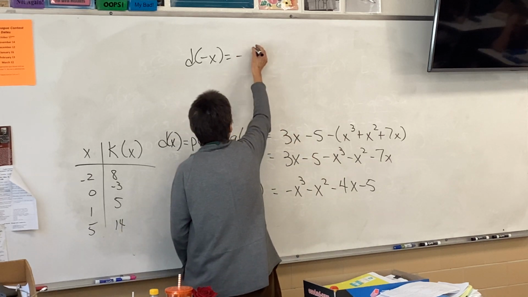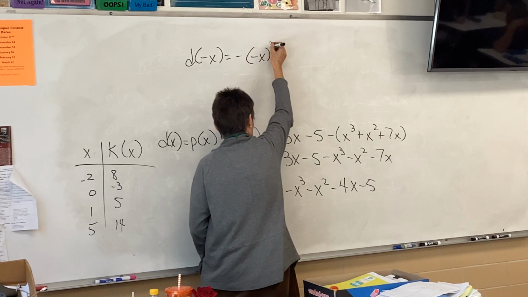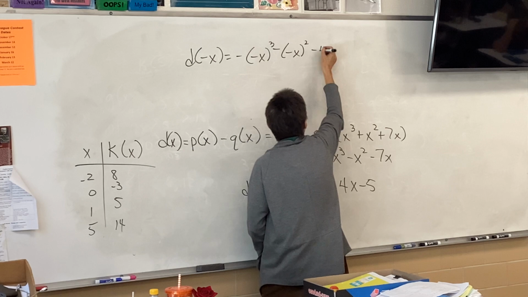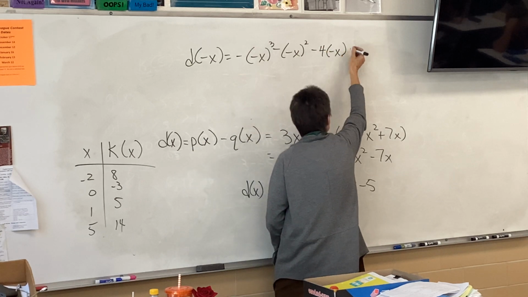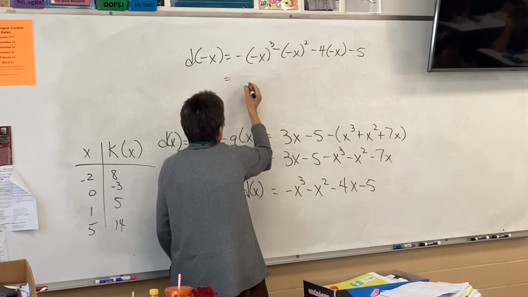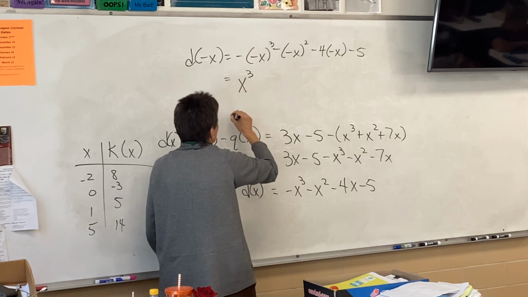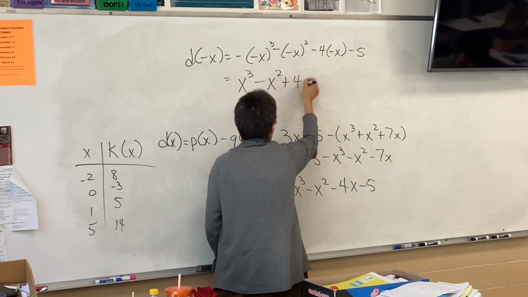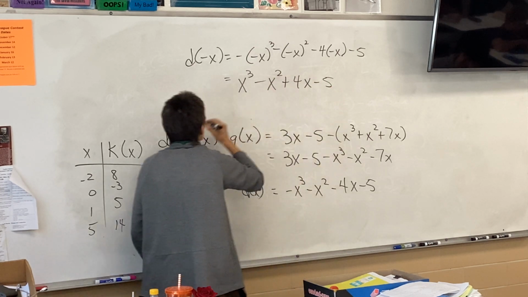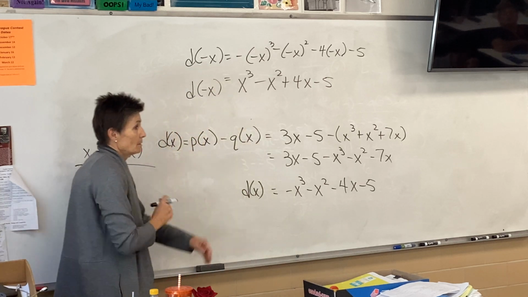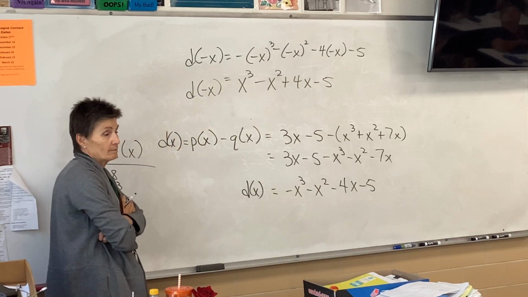All right, so -x cubed minus -x squared minus 4 times -x minus 5. So that's going to be positive x cubed, negative x squared, positive 4x minus 5. So what do I say?